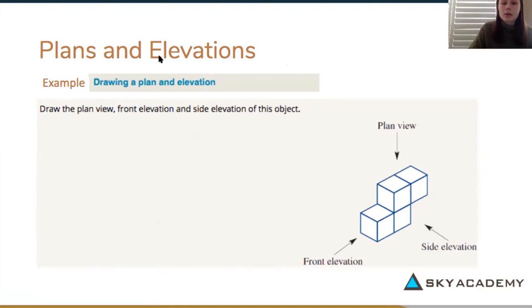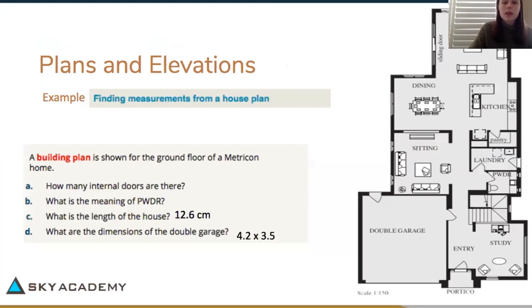So this question is a house plan. And we can't measure the house plan. So if you have a look at question C and D, it says what is the length of the house? And because this photo was taken from the Cambridge textbook, we can't actually measure in centimeters because it's been altered to fit on a PowerPoint.